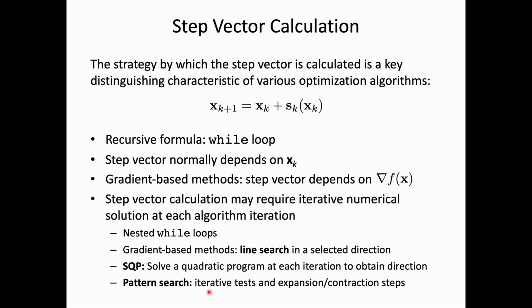And the number of these steps is unknown ahead of time, and we're essentially going to have to perform some iterative calculations before we can move on to the next point as we're searching the space for the optimum.